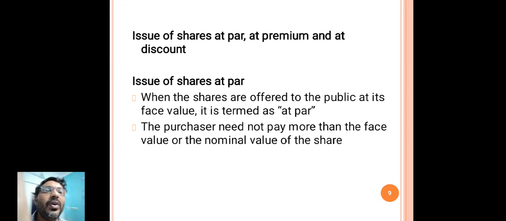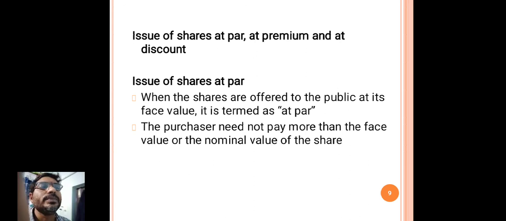Here the point is, at par means the shares are offered to the public at its face value only. The purchaser need not pay more than the face value or the nominal value of the share.